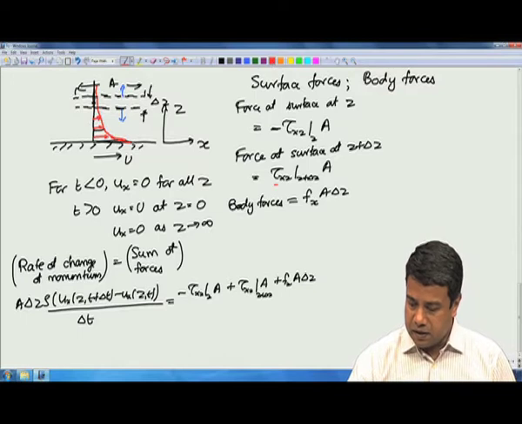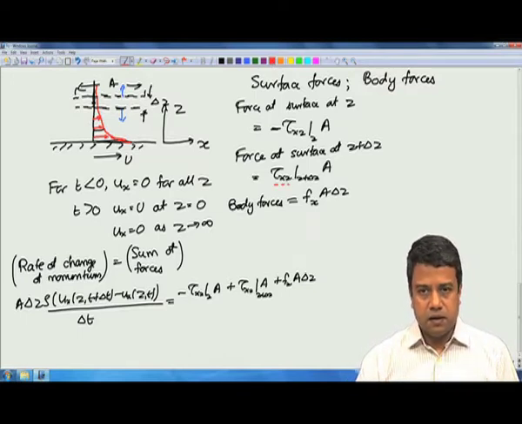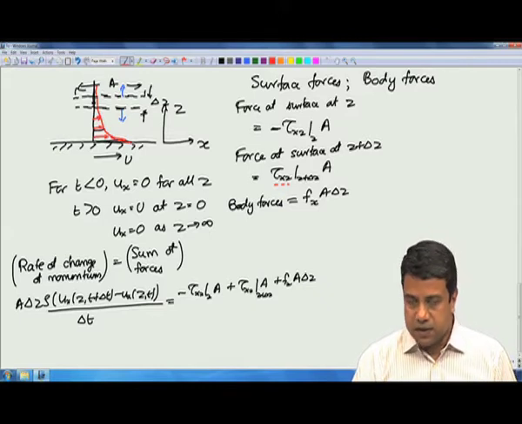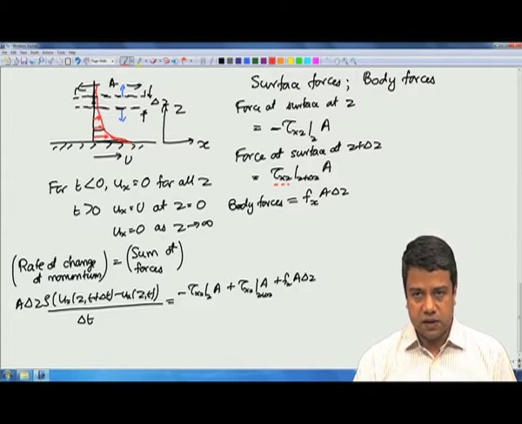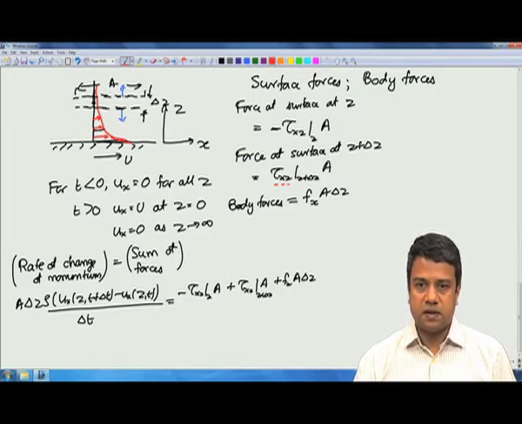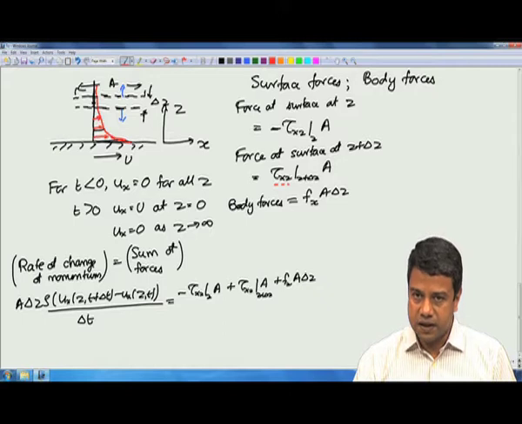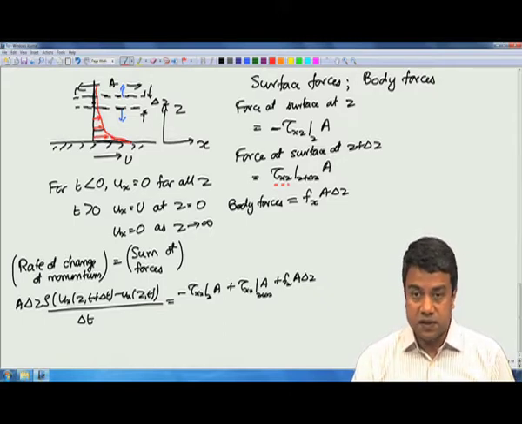Just to reiterate, tau x z is a force per unit area, a stress. It has two subscripts. The first one is x, which represents the direction of the force or the direction of the momentum. I had told you earlier that in this case we are writing an equation for the balance in momentum in the x direction. So, that is what the first subscript means.